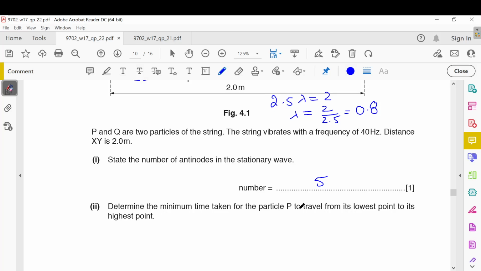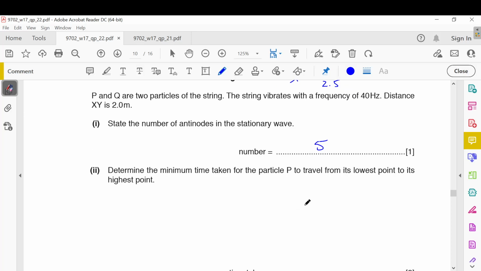Determine the minimum time taken for the particle P to travel from its lowest position to its highest position. Now that is not the time period. Look at this. If you are here, you go up, then come down, then go down, and then go up. That is your time period.